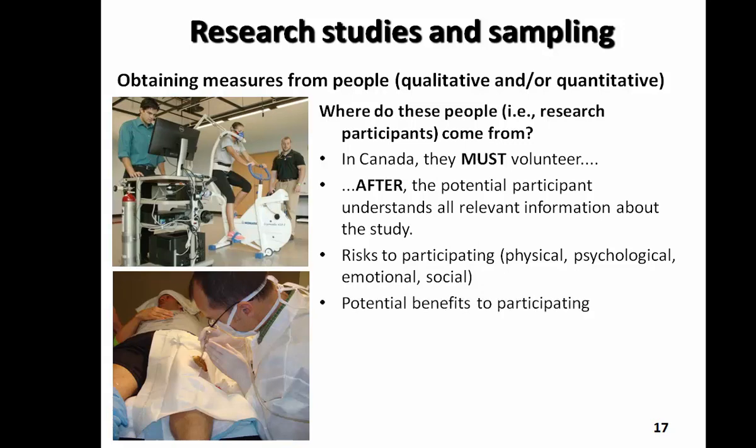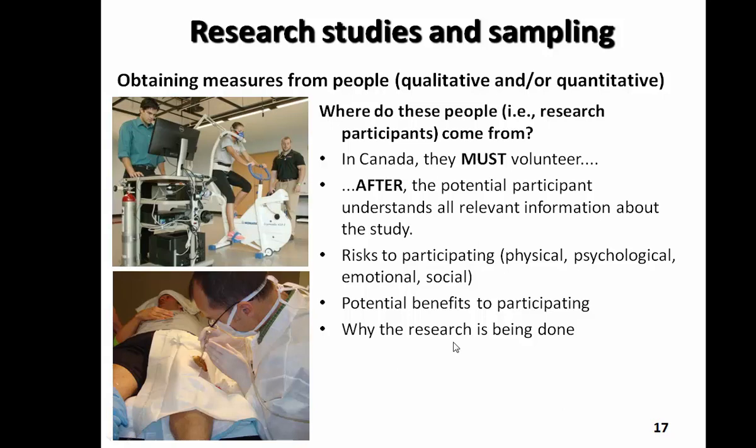The risks usually outweigh the individual potential benefits to participating. And so in the upper photograph here, through participation in the study, this person, the research participant, may gain information as to their fitness status. That may be perceived as a benefit, but the benefits are, for the most part, not guaranteed. And the participant must understand why the research is being done.